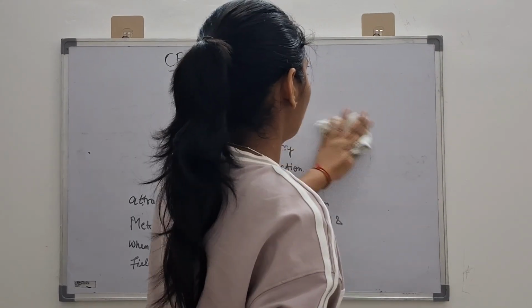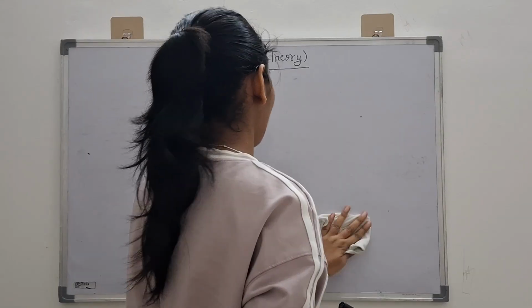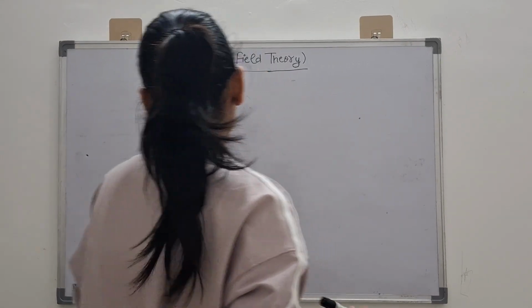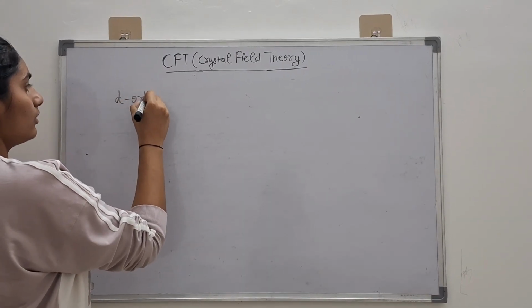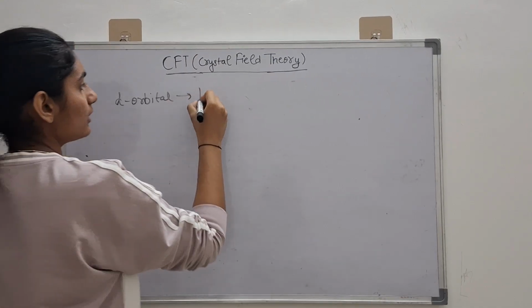As we move forward in CFT, transition metal complexes contain d and f orbitals, and here we will talk about the d orbital. The d orbital has 5 suborbitals.